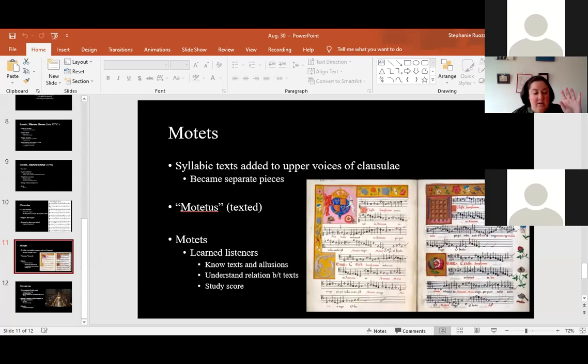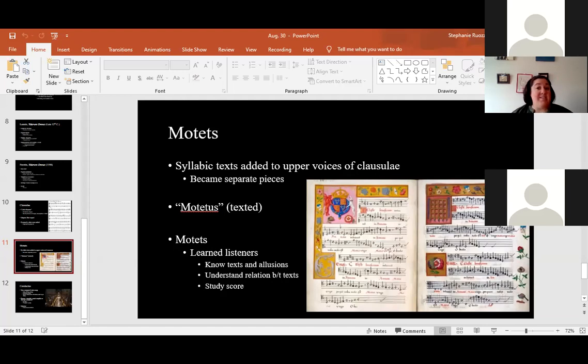Good. Okay, so when those discant sections, those clausulae, get so big, they end up becoming their own pieces. So it's really just a matter of length. The difference between a clausula and a motet is really a matter of length, because clausulae are little sections of a larger monophonic chant.